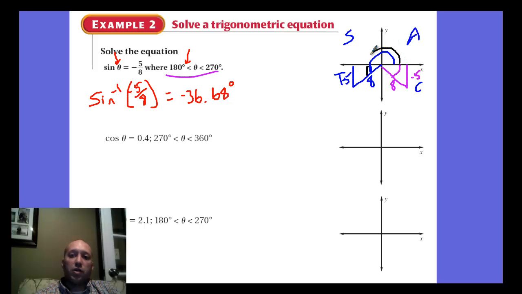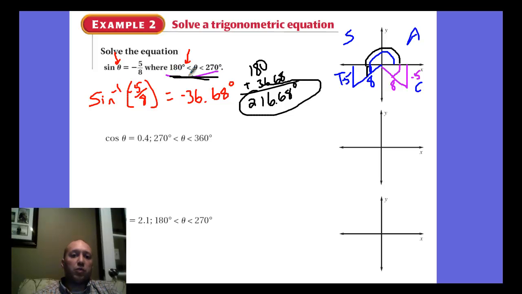So it's going to be 180 plus the 36.68. So if I add those, 180 plus 36.68, I find a theta value of 216.68 degrees. So this would be the angle they're asking for between these 2 degrees that makes this equation true.